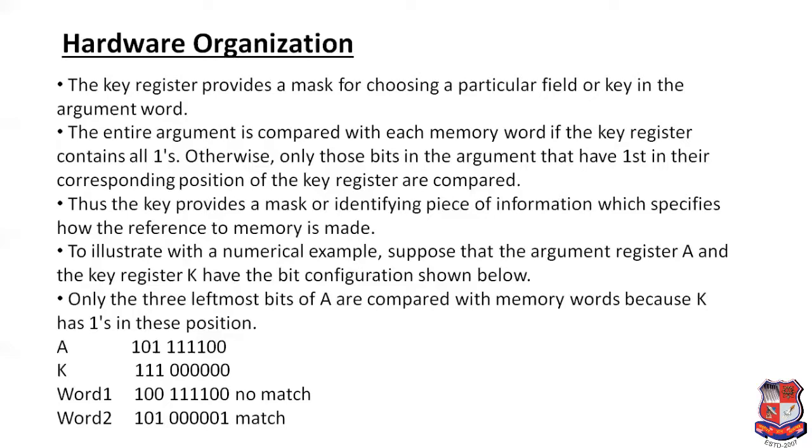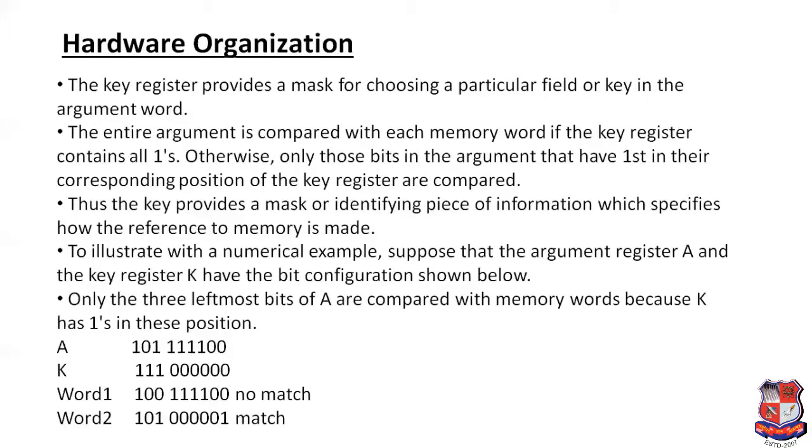Otherwise, only those bits in the argument that have a one in their corresponding position of the key register are compared. Thus, the key provides a mask or an identifying piece of information which specifies how the reference to memory is made. To illustrate with a numerical example, suppose that the argument register A and the key register K have the bit configuration shown below.